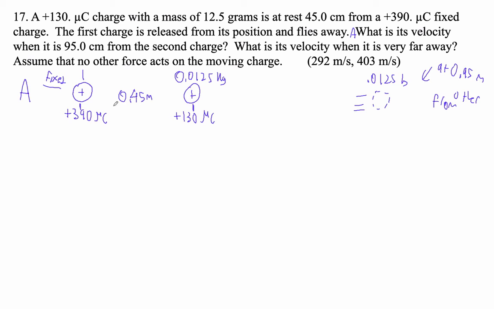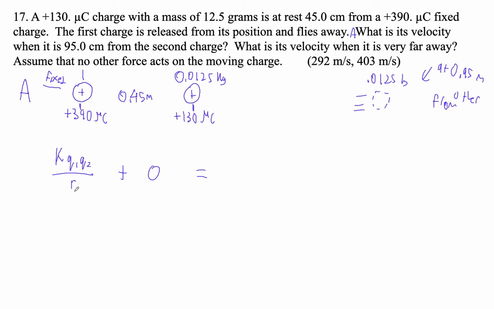Okay, so let's figure that out, right? The potential energy before, in this situation, the total energy is just going to be K times Q1 times Q2 over R. And that's positive because these are both positive charges. That'll be a potential energy. And then the kinetic energy is 0. It's not moving, right? And then afterwards, here it is, and its potential energy.